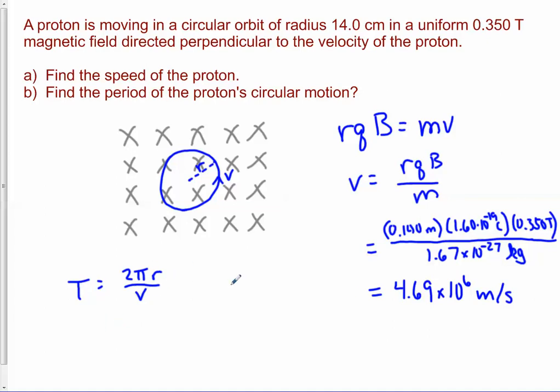All right, so we have the v now and we have the r, and when you plug all that in, you get 1.87 times 10 to the minus 7 seconds, or 0.187 times 10 to the minus 6 seconds, which I'm writing just because then I can write it in microseconds, because 10 to the minus 6th is micro. So a little less than 2/10 of a microsecond is how fast it goes around this circle.